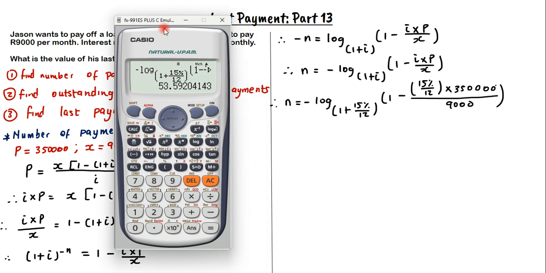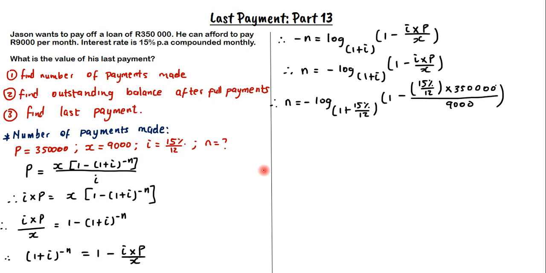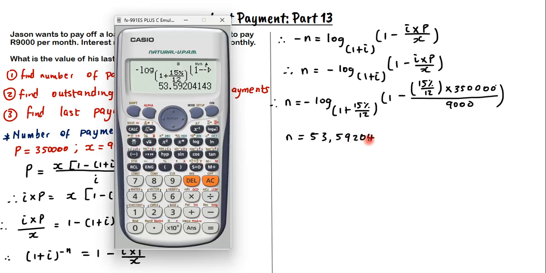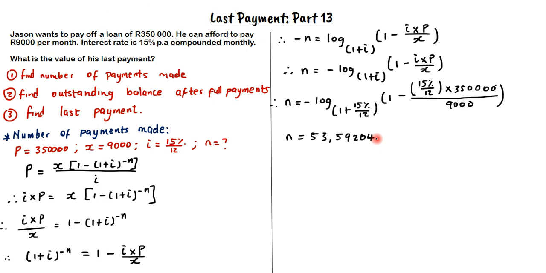So we're getting 53.5920 something something. So we write the answer as it is. 53.59204143. All right.